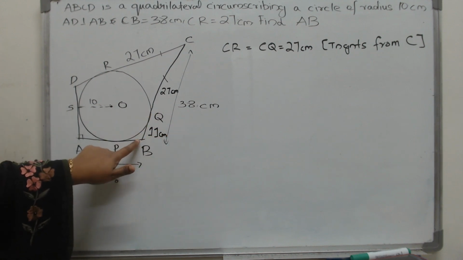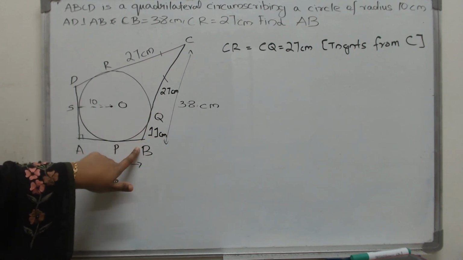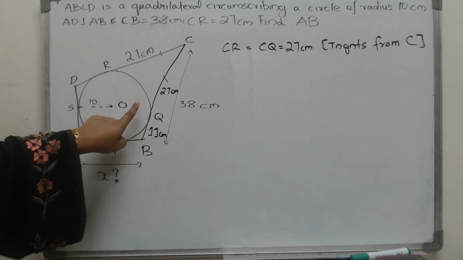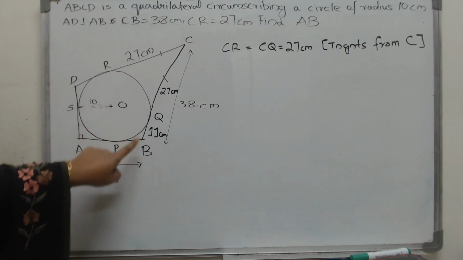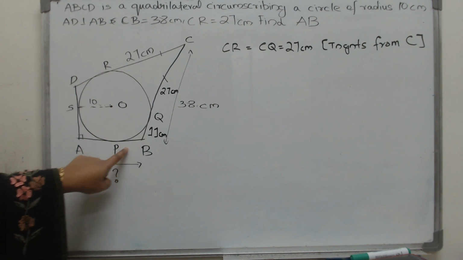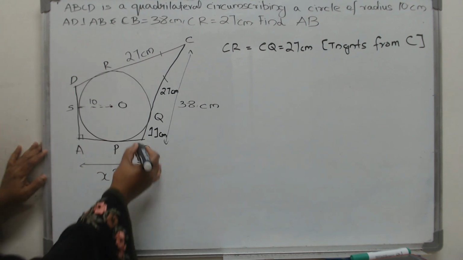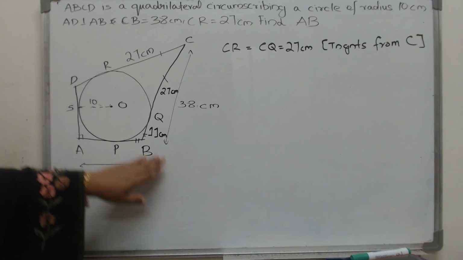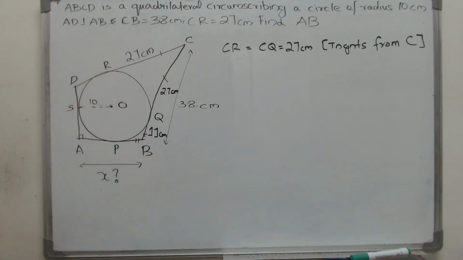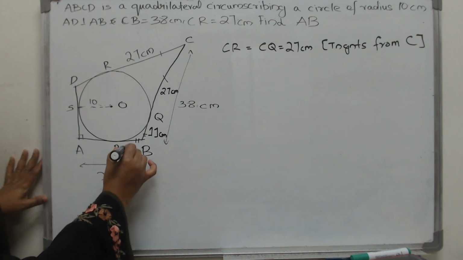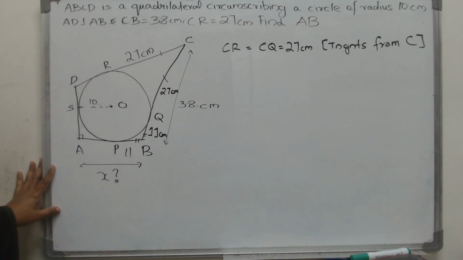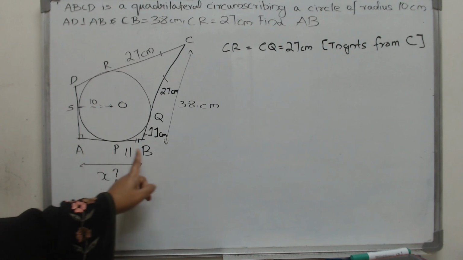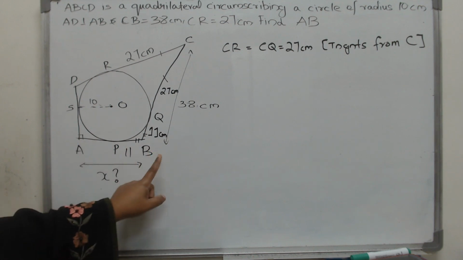It is the tangent from the point B to the circle, but that is not the only tangent, right? There is another tangent which is BP, which means what? Both the tangents from the same external point to the circle are equal to one another, which means PB is also 11 centimeters.